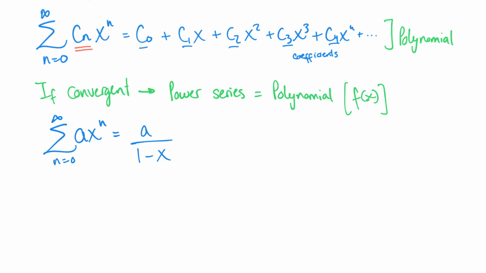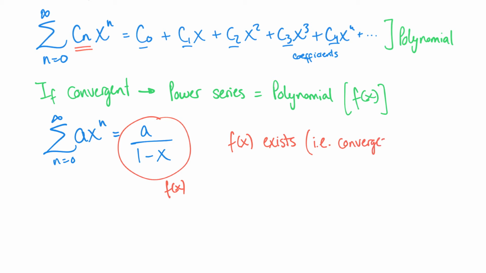Well, this right here is a function of x. Before, instead of x, I had used the letter n, but it's just a variable. It doesn't matter. And in this case, f of x exists, that is, converges, if and only if the absolute value of x is less than 1.